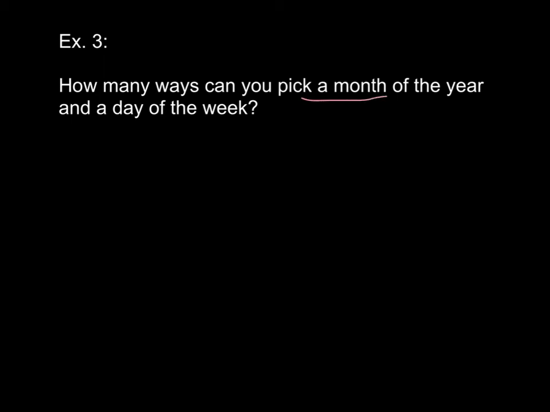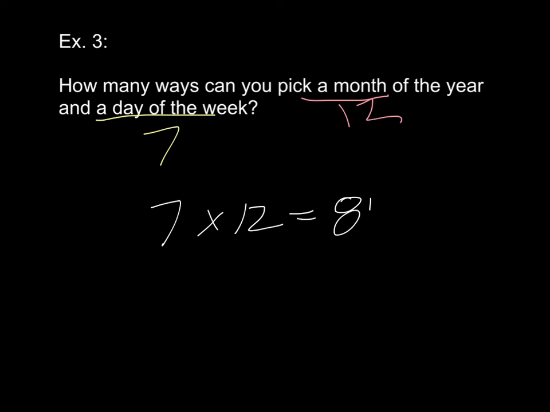We have to pick a month of the year, and we have to pick a day of the week. We have 7 days to choose from and 12 months to choose from. So to solve this, we say 7 times 12, and there are 84 ways in which to complete this task.